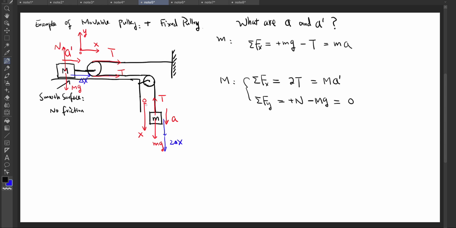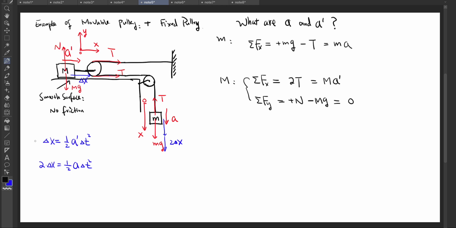They both start from rest, and then one accelerates downward by 2 delta x, the other accelerates to the right by delta x. So their acceleration relation is given by the following. Delta x is 1/2 a prime delta t squared, and 2 delta x is 1/2 a delta t squared. They accelerate for the same time interval, delta t.